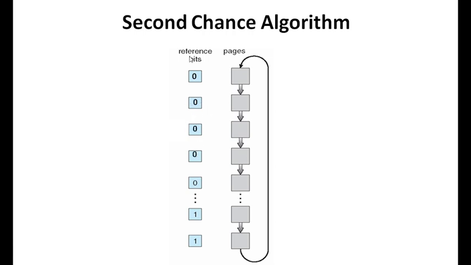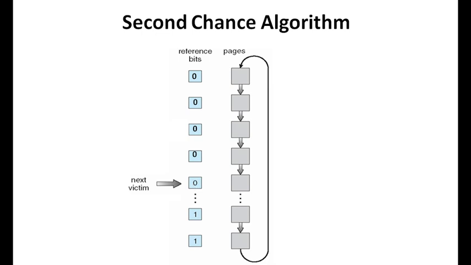Like that you change all the reference bits to 0 without replacing any of them, and finally you encounter a page whose reference bit is 0. That means it is the page to be replaced. So it is the next victim, and this page will be replaced. This is the idea of the second chance algorithm.